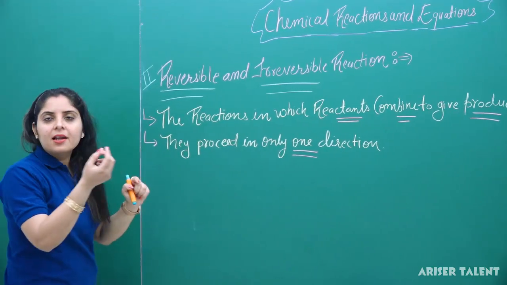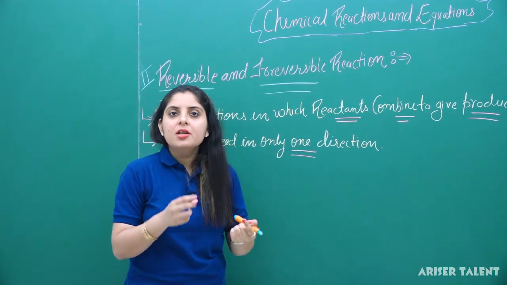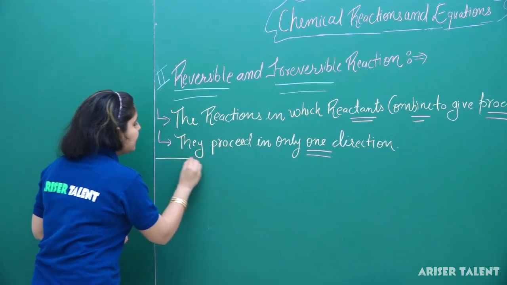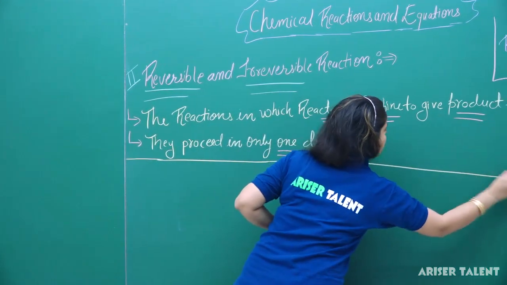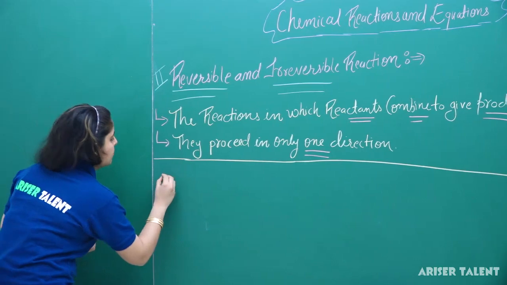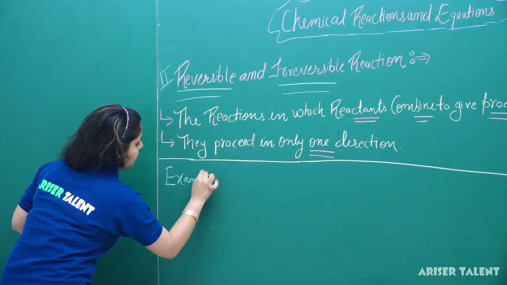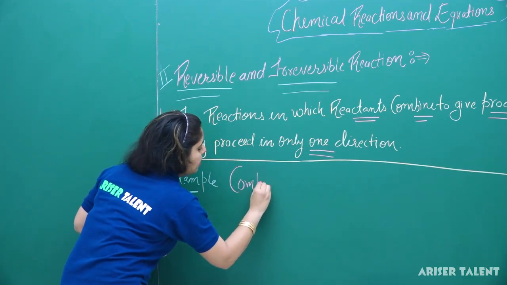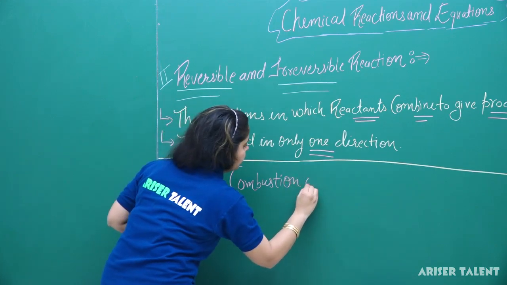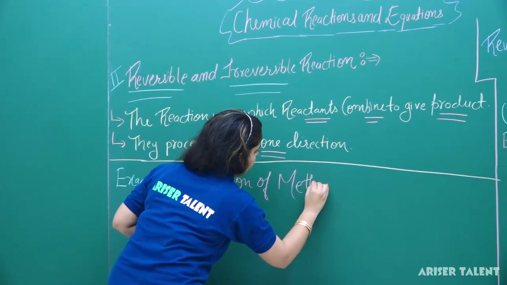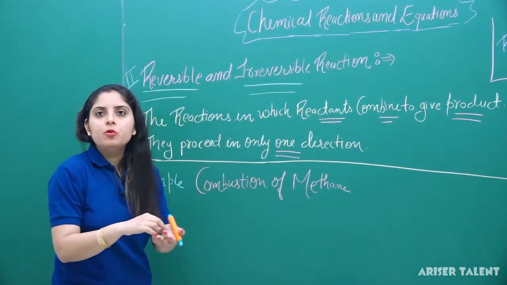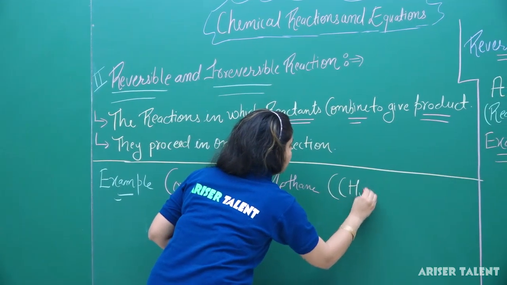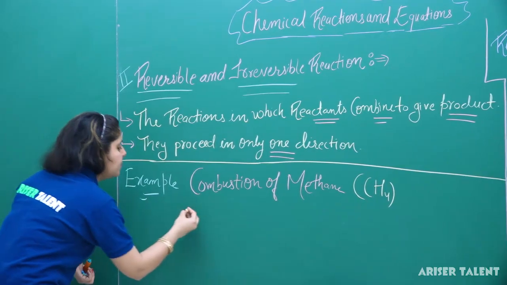Now we will take another example. The second example is the combustion of methane. Students, we know the general formula for methane is CH4. What will happen in this reaction?